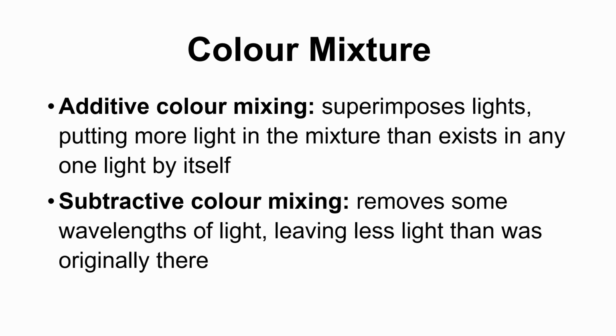And we have red paint, where it's absorbed everything except for the red wavelengths. When we mix those together, we're going to get a little bit of the red wavelengths and a little bit of the yellow wavelengths, but the paint is mostly going to be absorbing or subtracting most of those wavelengths of light. So there's less light than there was originally.